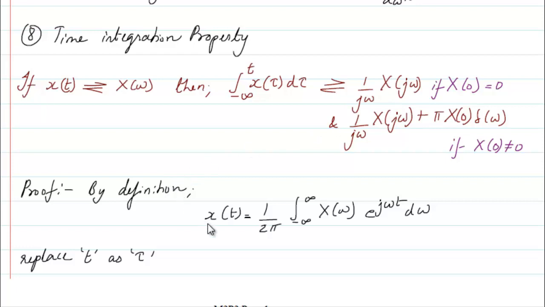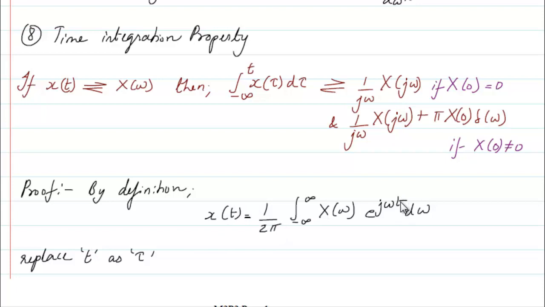By definition we know that x of t is given by the inverse Fourier transform equation: x of t is equal to 1 by 2 pi integral from minus infinity to infinity of X of omega e raised to power j omega t d omega. Now here I am going to replace t with tau.